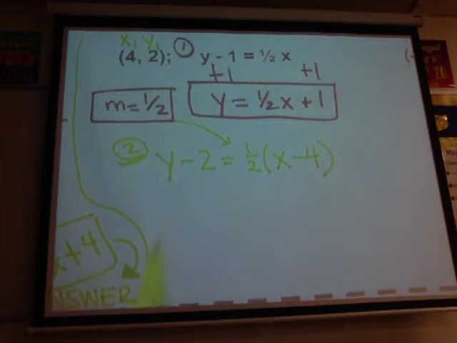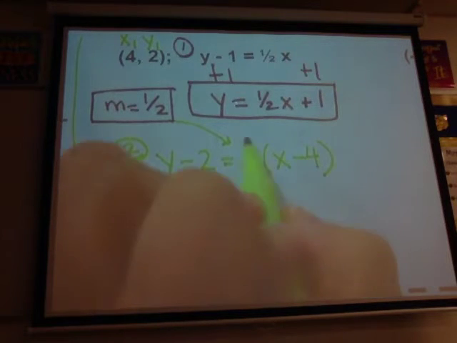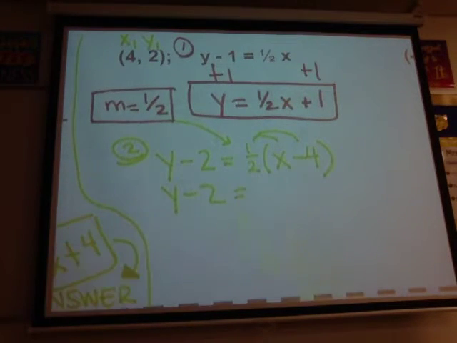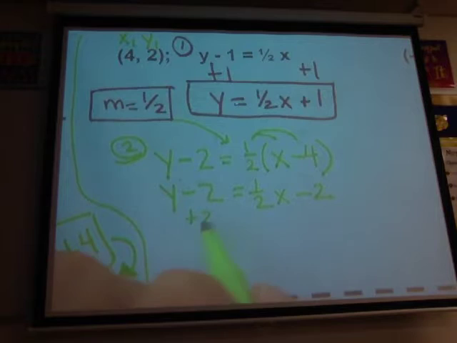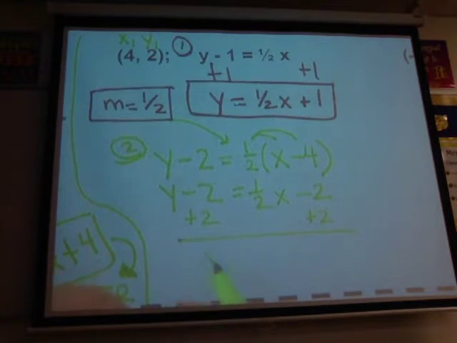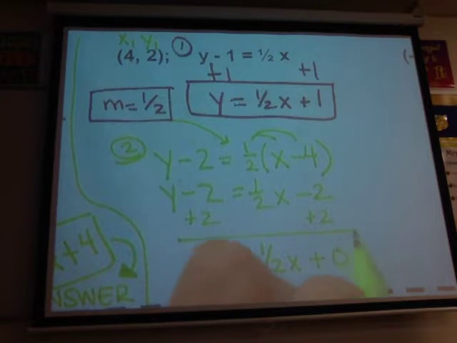No. Distribute this, and what do you get? Minus 2. Is y by itself yet? Not yet, so we've got to keep going. What do I need to get rid of? I'm going to add 2. Y equals 1 half x plus 0.